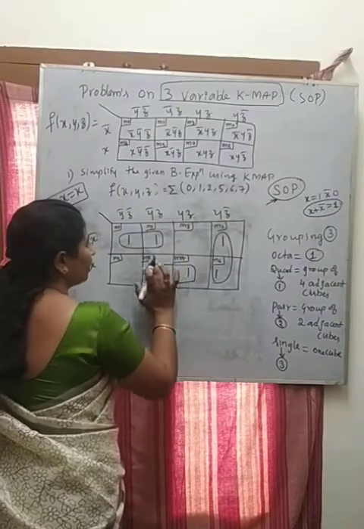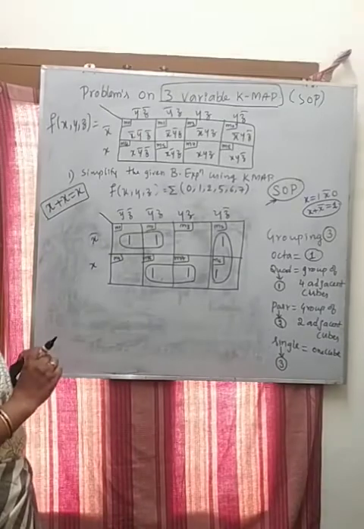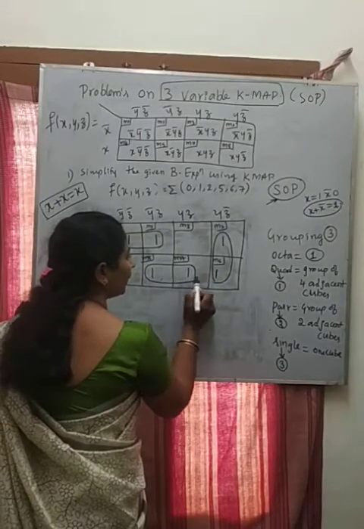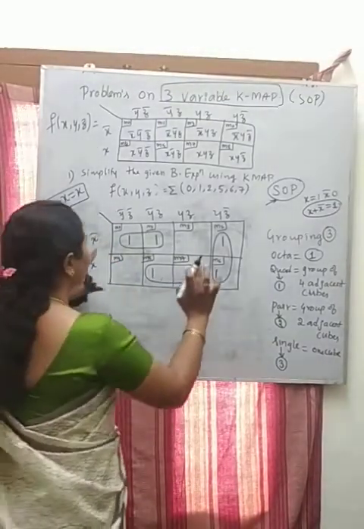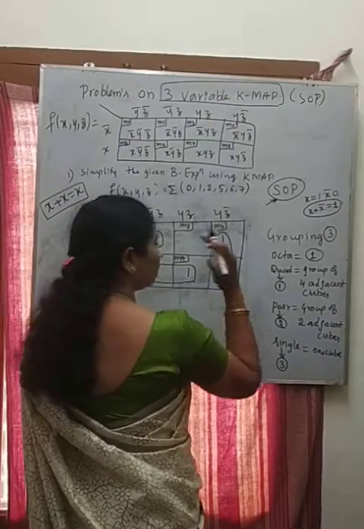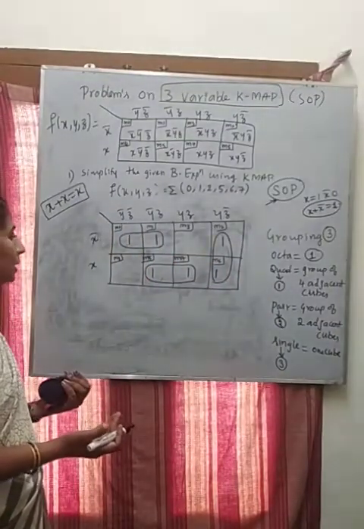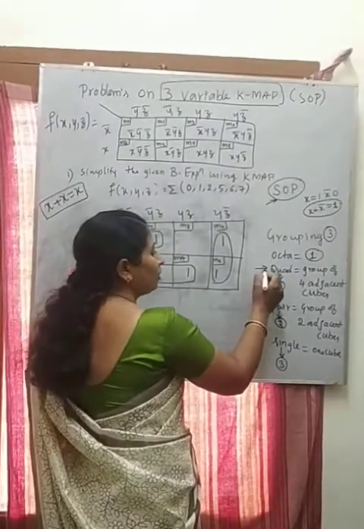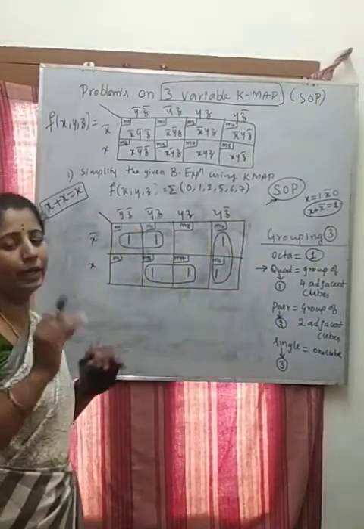So M5 I need to group with M1. See here, even grouping M7 and M6 is also possible, but should not do. M2 and M1 with the overlapping group is also possible. But concentrate not only on the maximum grouping, redundant groups should be avoided.